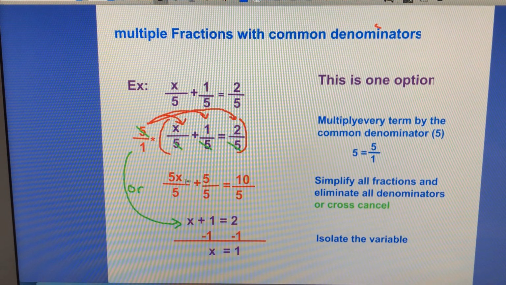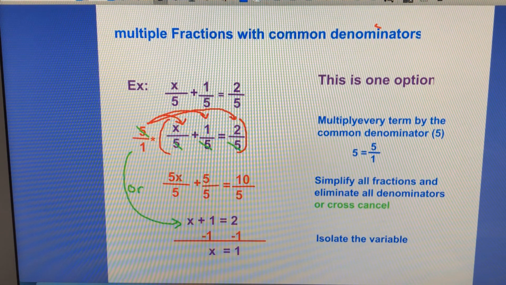Here I show you the long way what's happening. 5 times x over 5, 5 times 1 over 5, 5 times 2 over 5. Now I can just reduce to simplest form, and I end up still with x plus 1 equals 2. Subtract 1 from both sides, x equals 1. Remember, 5 equals 5 over 1. You have to simplify all fractions.